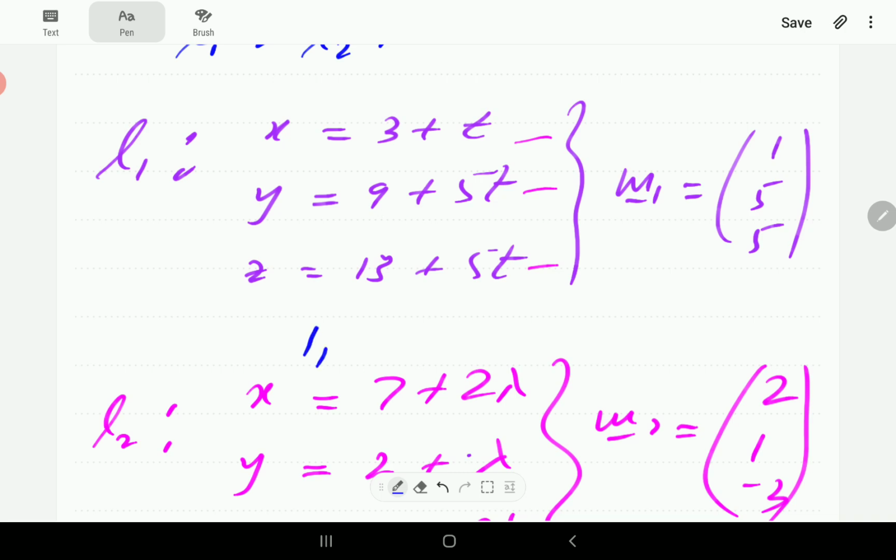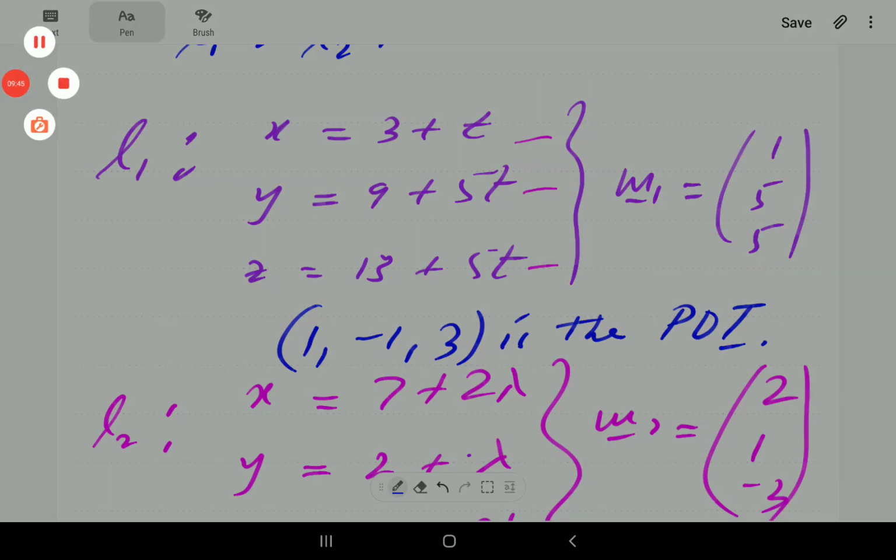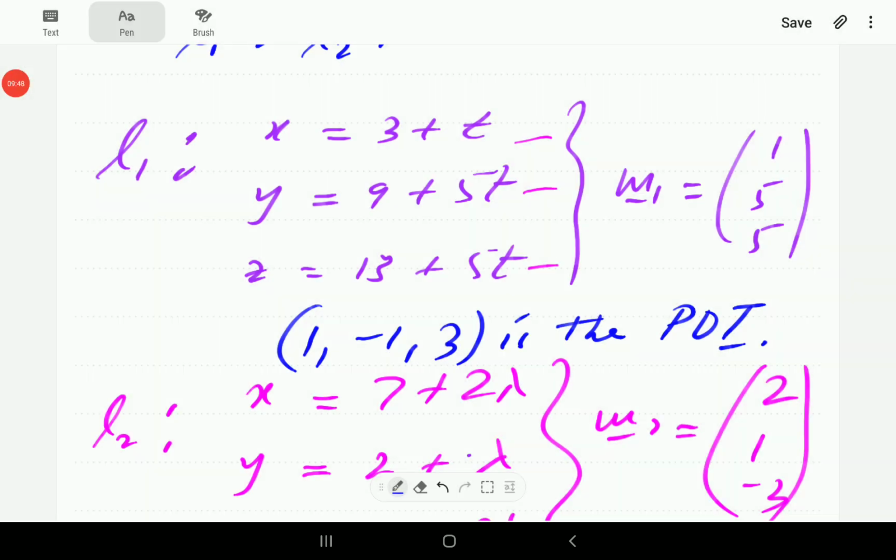It's going to be 9 minus 10, which is negative 1. It's going to be 13 minus 10, which is 3. So that is going to be the point of intersection. Okay, so that is that. Let's go to a second example.